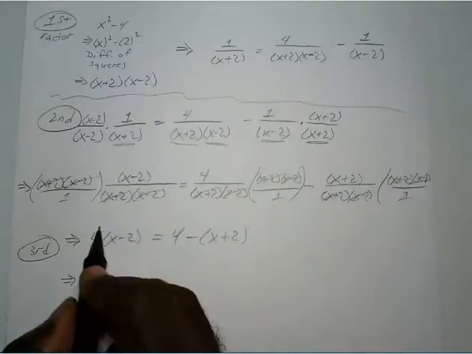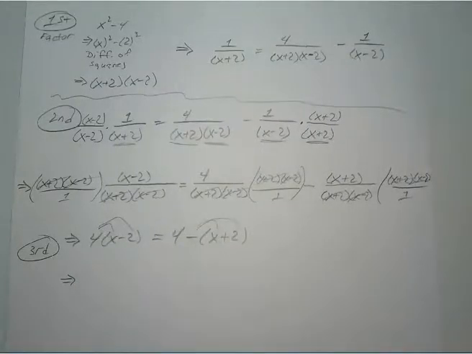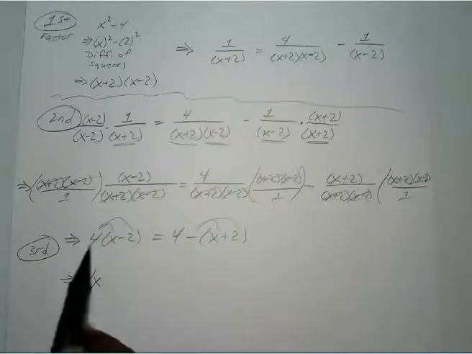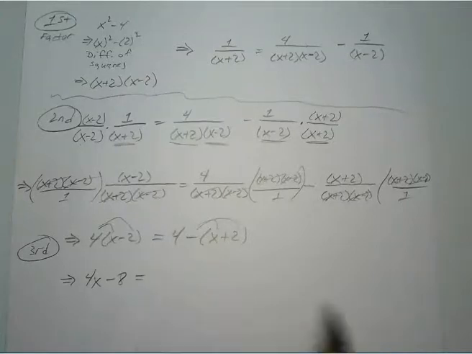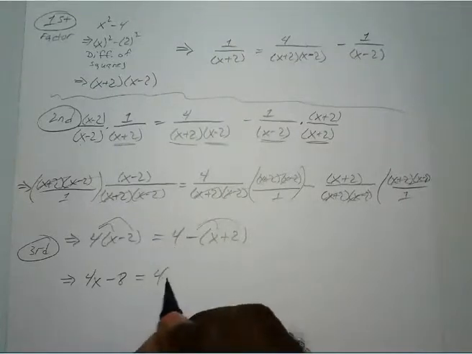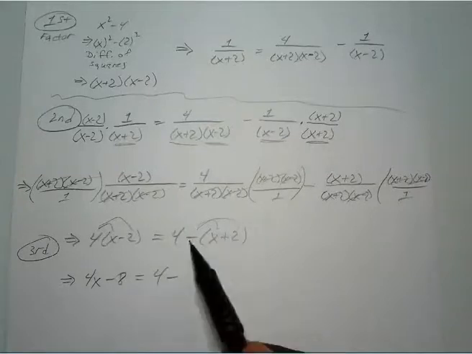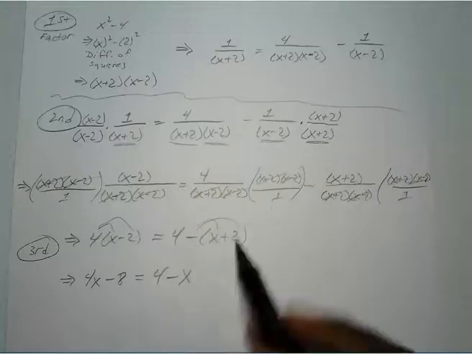So we go ahead and distribute to simplify it. So we have 4 times x, which is 4x. 4 times negative 2 is negative 8, equals 4 minus, once we distribute that negative, negative 1 times x is negative x. And negative 1 times 2 is negative 2.